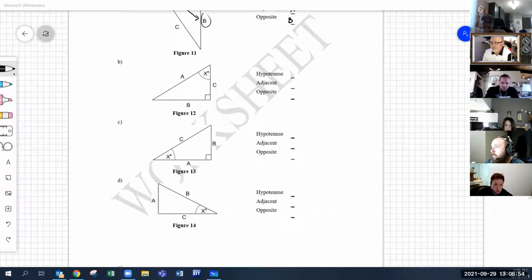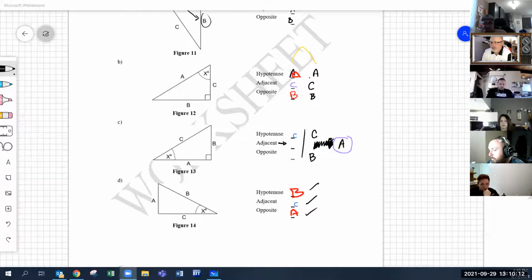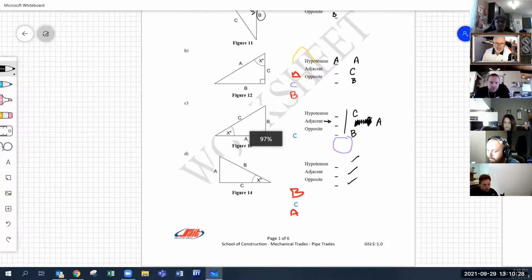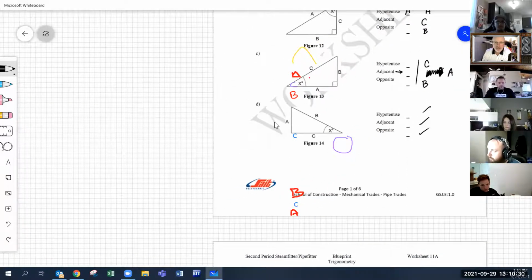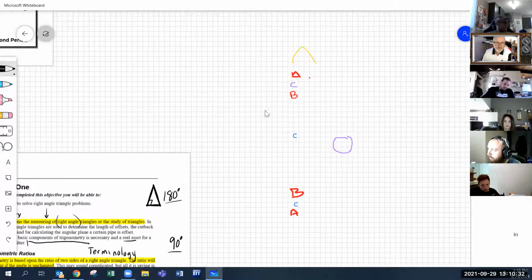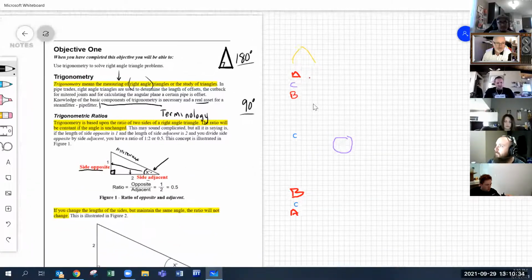To know exactly what the adjacent, the opposite, and the hypotenuse are is extremely important moving forward to solve anything in trigonometry. Okay? Now, you could remove your hieroglyphics there.